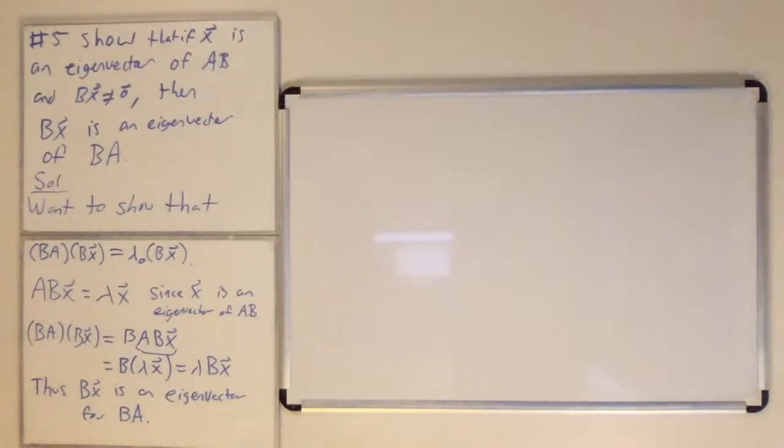Can we go over true or false of eigenvalues? Yeah, which ones do you have a specific? Or all of them? I don't really want to go through every single one of them.